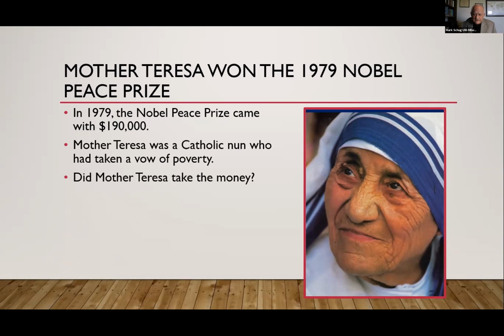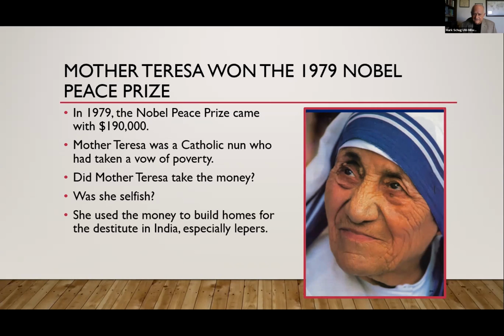Did she take the money? Well, she did. She took the money. Was she a greedy, rotten capitalist for taking the money? Of course not. She was generous. She used the money to build homes for the destitute in India, especially lepers.